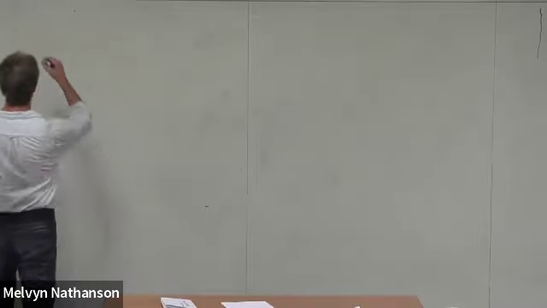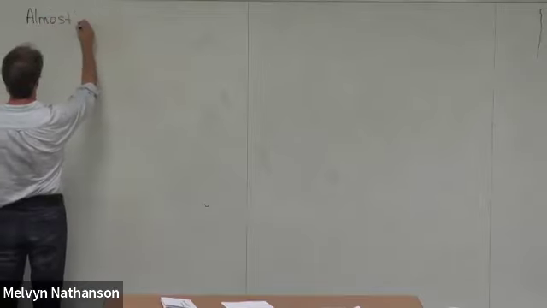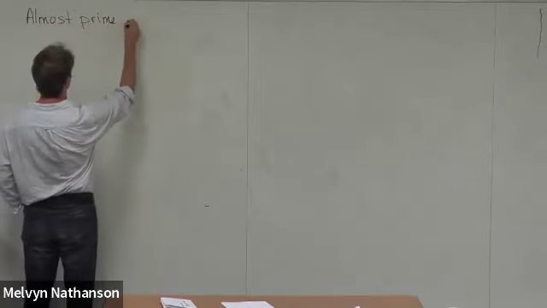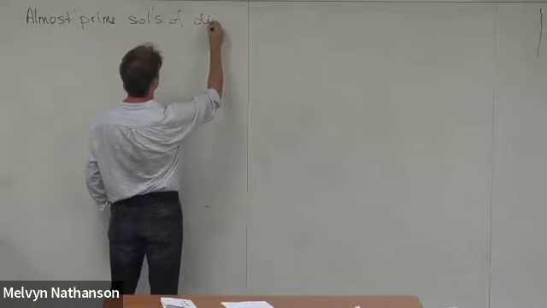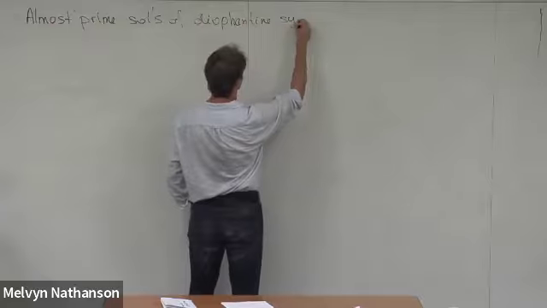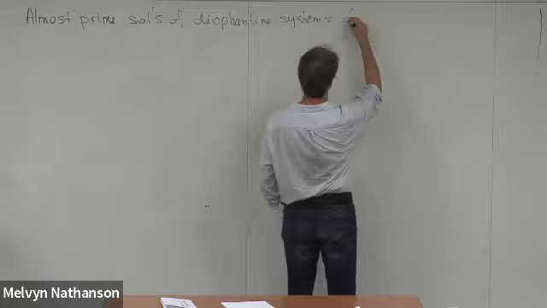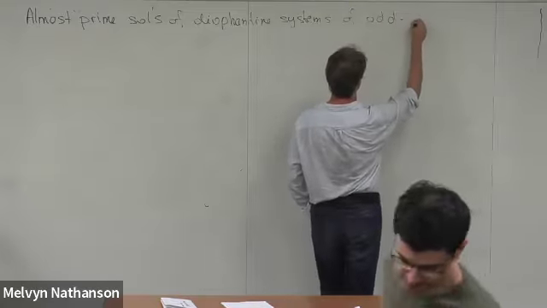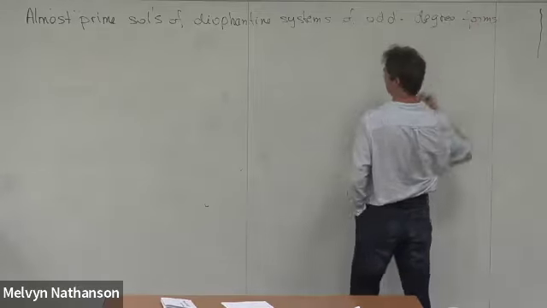Okay. So it has a long title, but during the talk, I will try to explain it. One can give a title something like: almost prime solutions of odd degree forms in many variables.